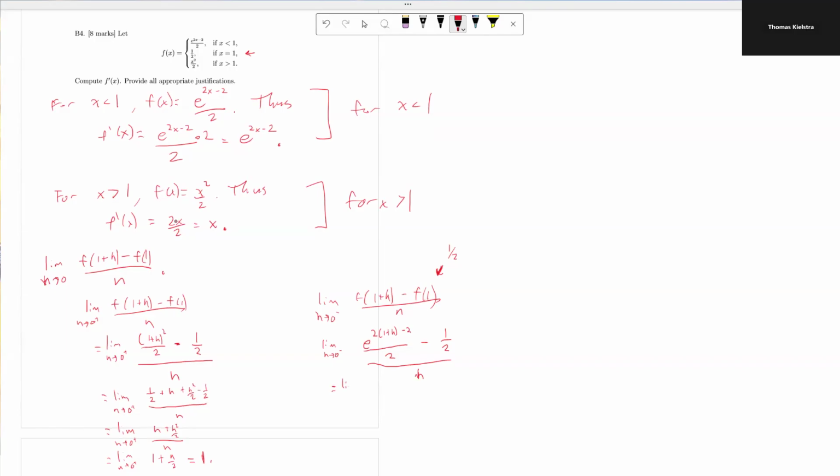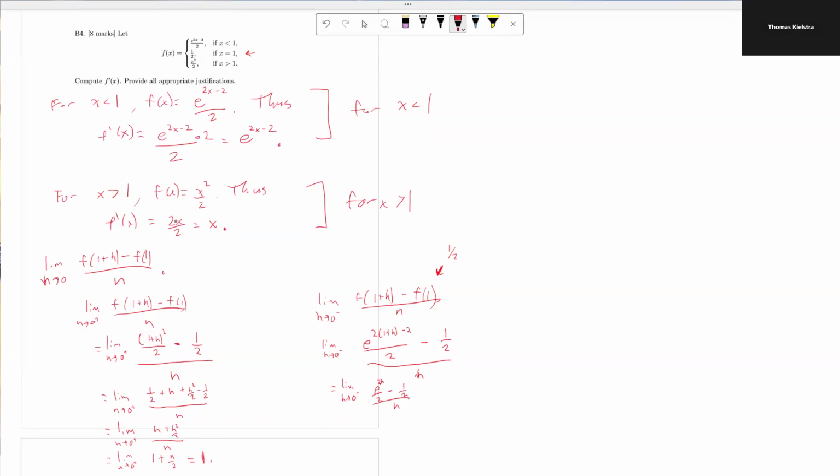This equals the limit as h approaches 0 from the negative. And now I get e to the 2h over 2 minus 1 over 2 all over h.